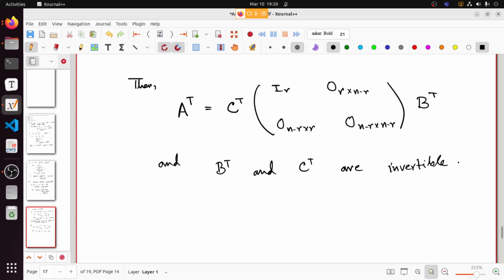So A transpose is C transpose, this matrix, and B transpose, and as B transpose and C transpose are invertible, the rank of A transpose is basically the rank of, suppose this matrix is denoted by D, so the rank of A transpose will be the rank of D.